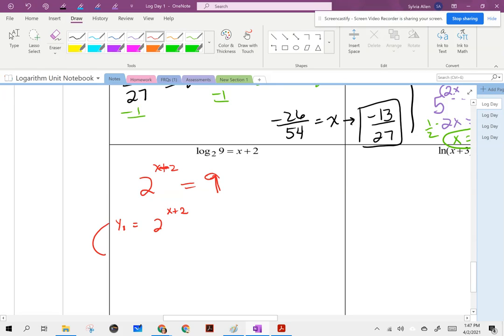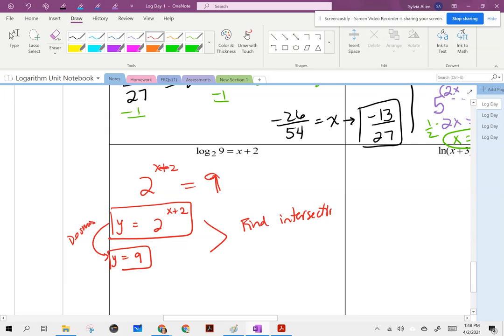And use Desmos again. This time it's the second one. Okay, so you can put y equals 9 into the second box, find the intersection, and you should have x is equal to 1.170.